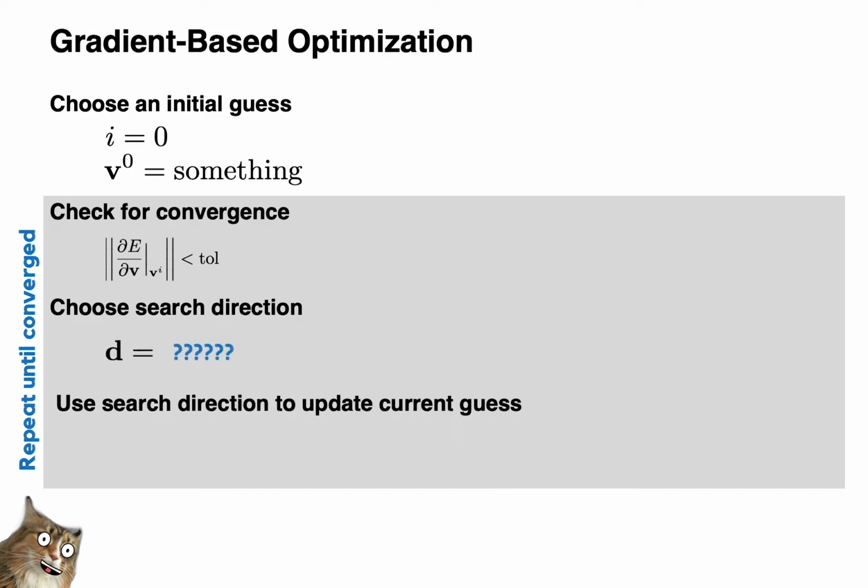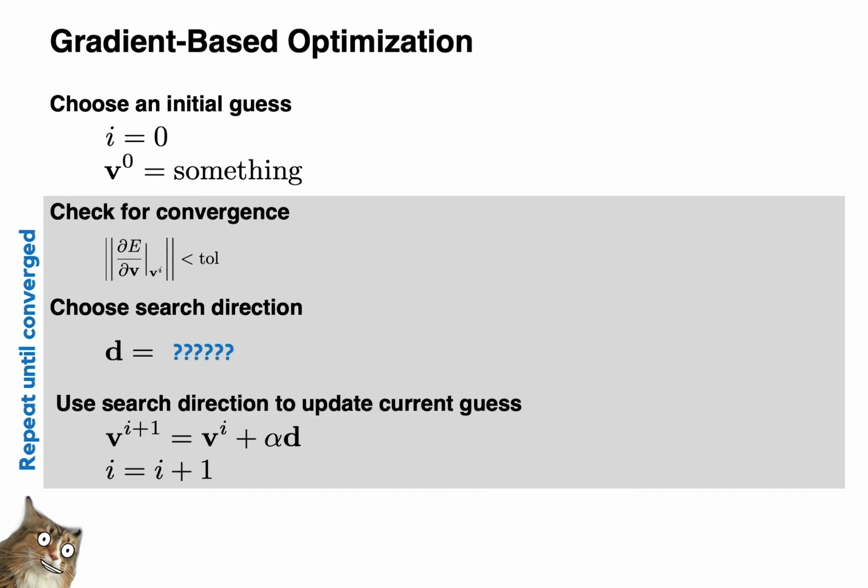If our guess is not the answer, we pick a direction in which to look for a better answer. And choosing this direction is a major way in which gradient-based optimization schemes differentiate themselves. So we'll skip this for now and circle back later. Finally, we use our search direction to update our current guess. Normally we do this by adding some proportion of the search direction to this guess.